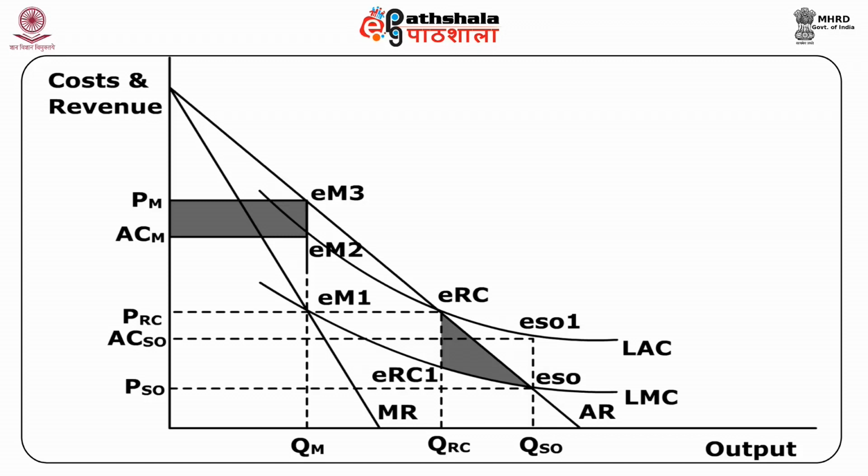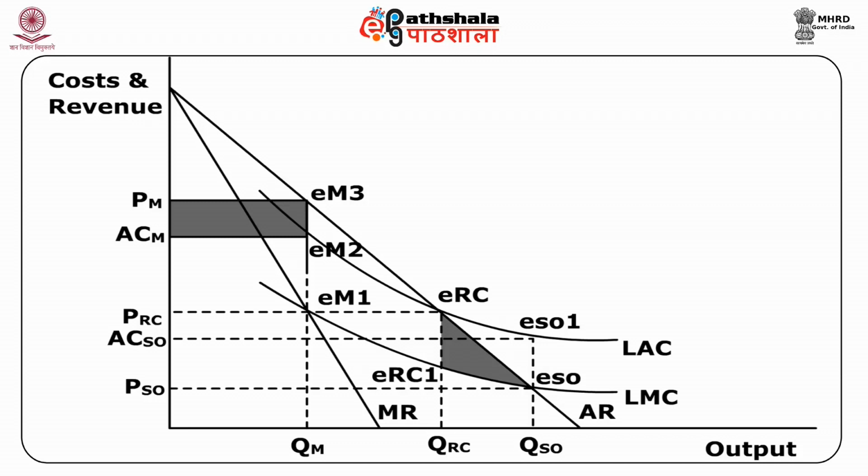The public utility regulator would typically ensure a level of output at which P is equal to LAC, or an output level of QRC with the price of PRC being charged per unit. Such an output level would ensure that the public utility is able to earn a normal rate of return.